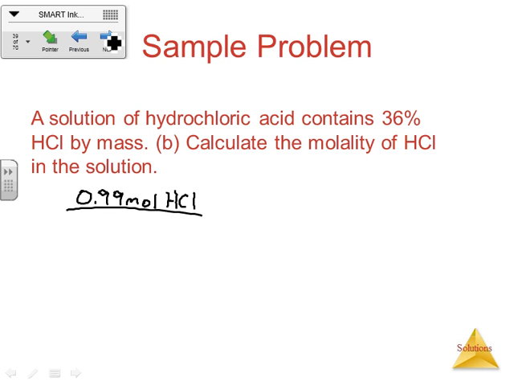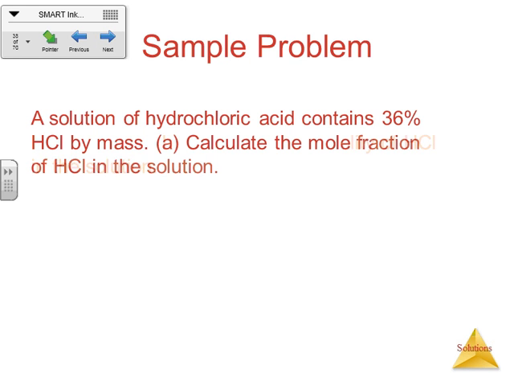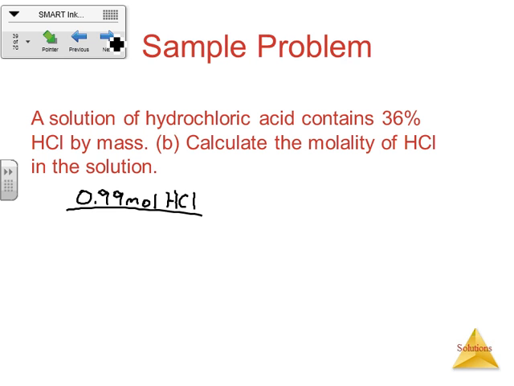And then we need to figure out the kilograms of the solvent. We assumed that we had a 100-gram sample here, so 64 grams of H2O, just change that into kilograms, and then we're good to go. So that should be 0.064 kilograms of H2O.